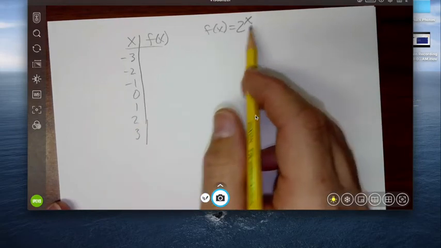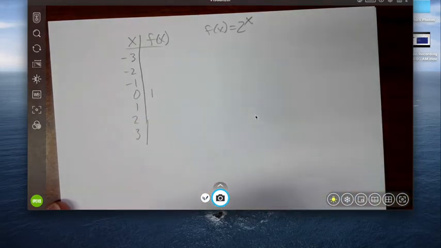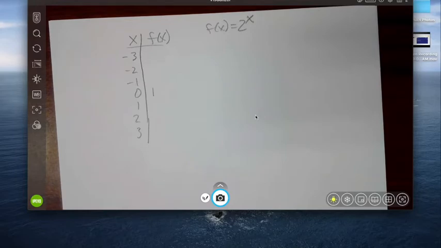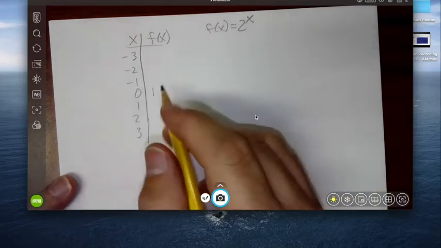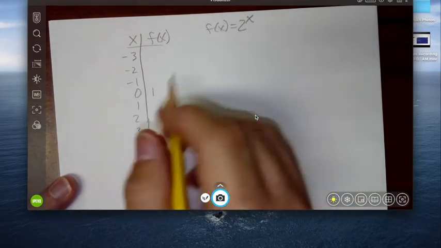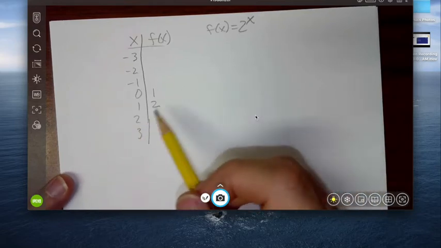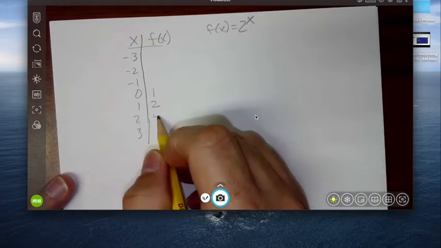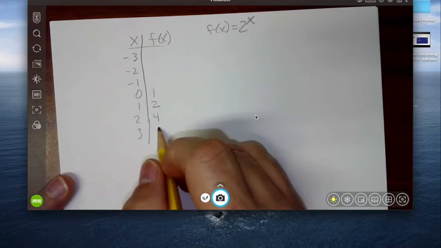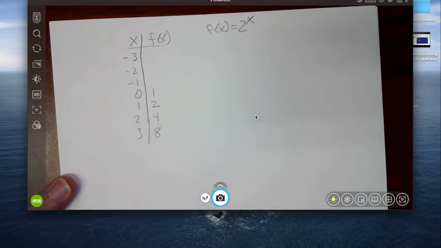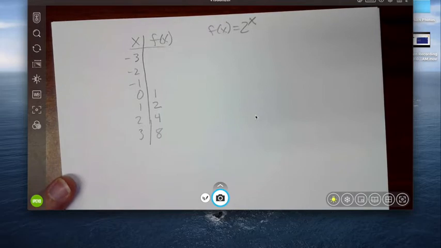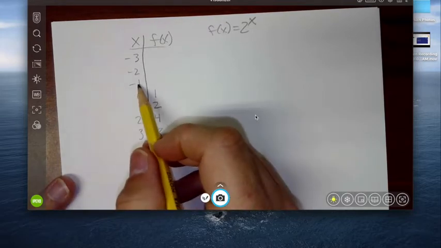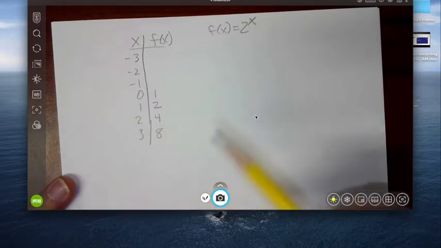So 2 to the 0 is just going to be 1, right? Hopefully you recall from algebra that anything to the 0 power is going to be 1. 2 to the 1 is 2. 2 to the second power is 4. And 2 to the third power is 8. So 1, 2, 4, and 8 on the bottom part. And then going backwards, remember that a negative exponent takes our value and flips it over.